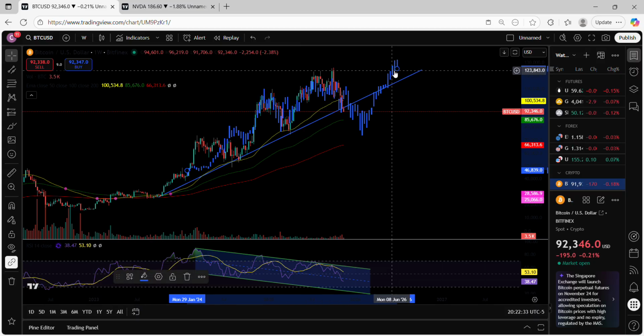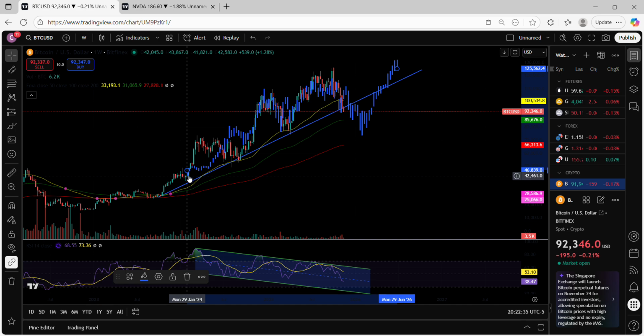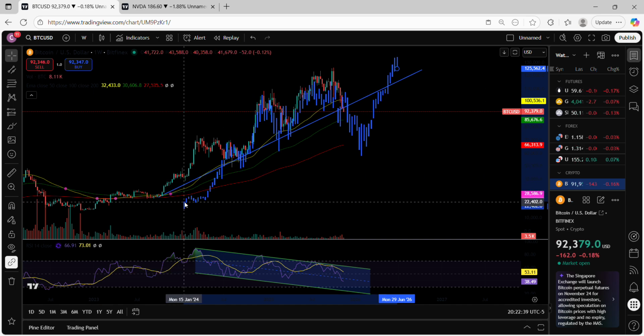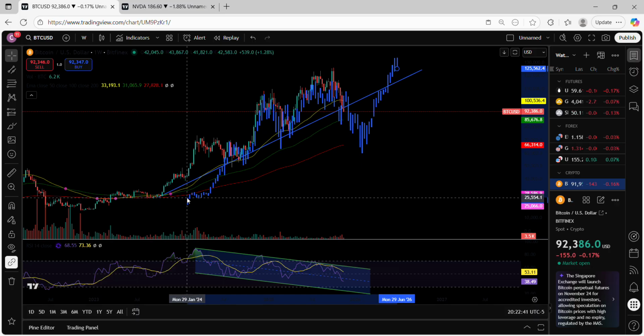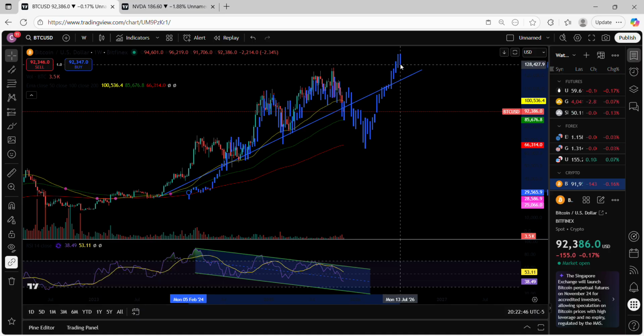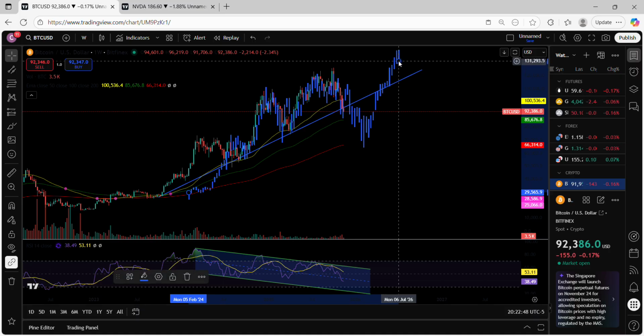Let's move this down to about here. And you can see how close the price action is in Nvidia versus Bitcoin.